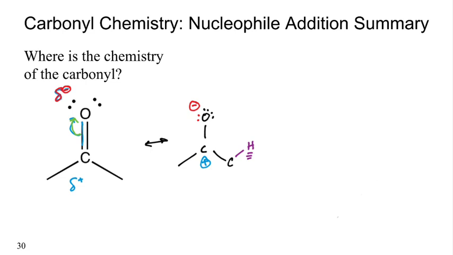Why would that hydrogen be acidic? Why is any hydrogen acidic? Why does HCl produce H+?